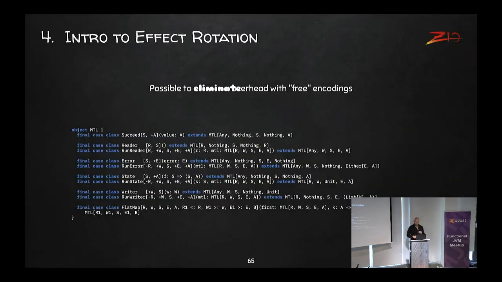But we can build a data type here with all these different cases. That is, we can build success, we can build a reader and a run reader, error, state, writer, and run writer, and then we build a flat map, and that's all it takes. We build all this stuff, which admittedly is painful. It's painful, it's nasty to look at.